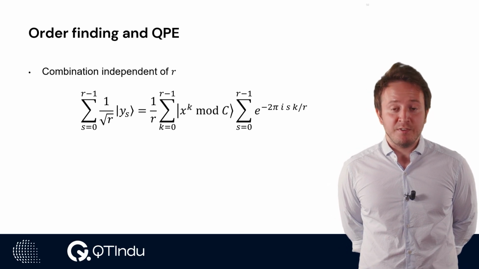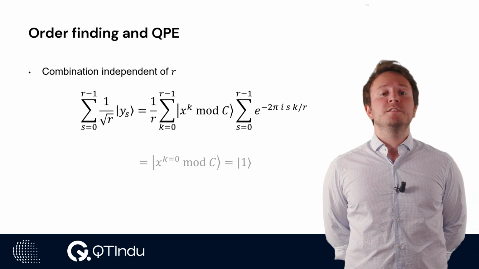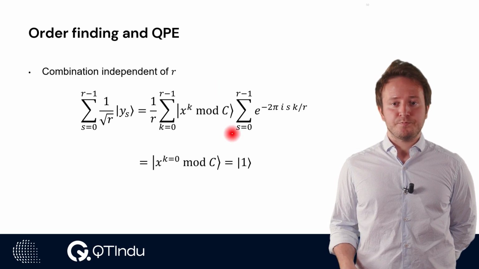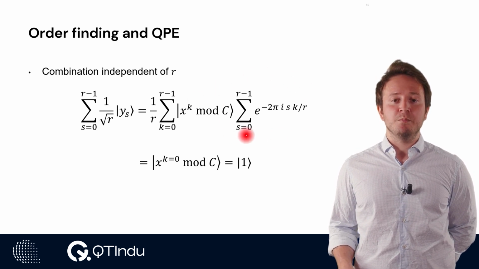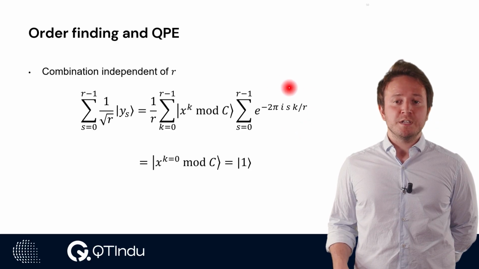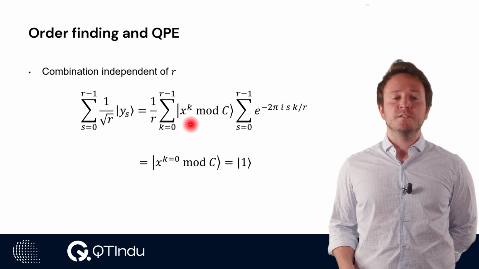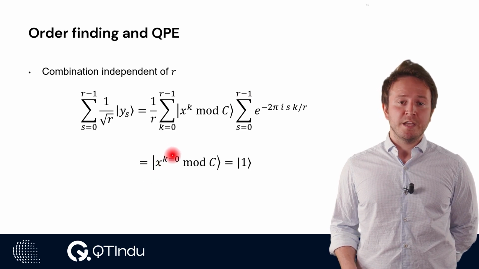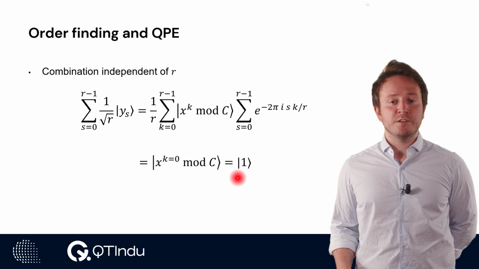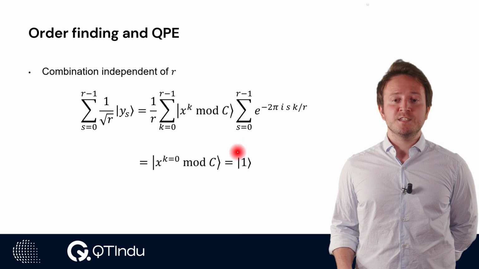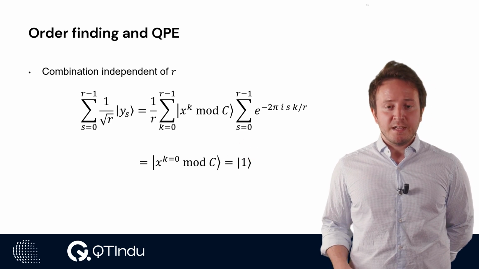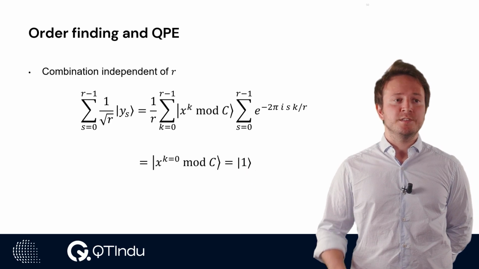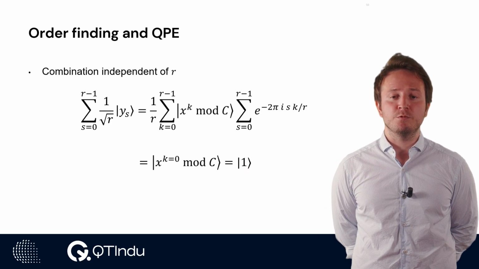Now this actually simplifies quite a lot. Just by identifying this sum as a Kronecker product, we can easily see that this equation reduces to a very simple state, which is x to the power k equal to 0 modulo c. Or in other words, this is the decimal number 1. Once again, this is not the state 1 where all the qubits are in the state 1, but this is actually the decimal representation of the number 1.